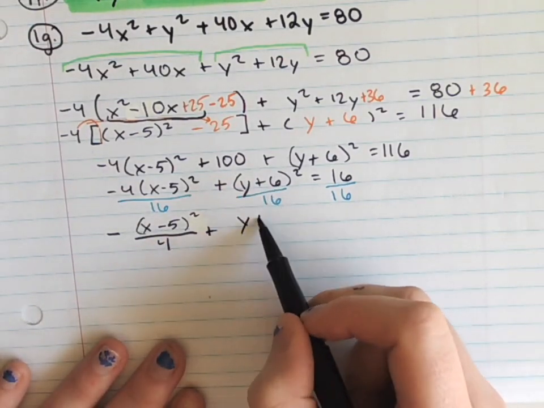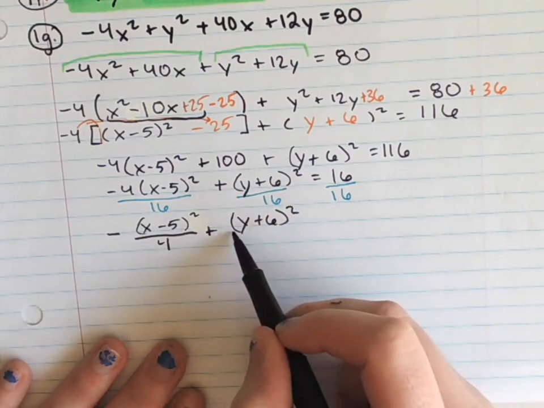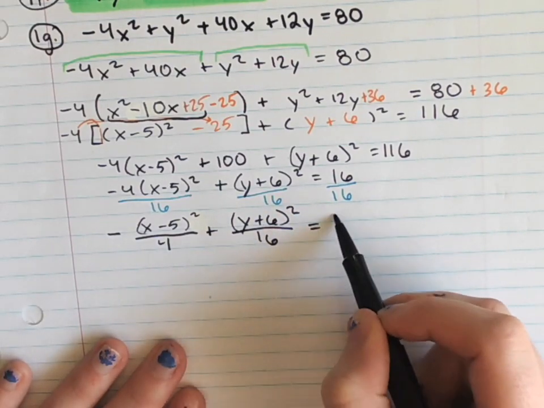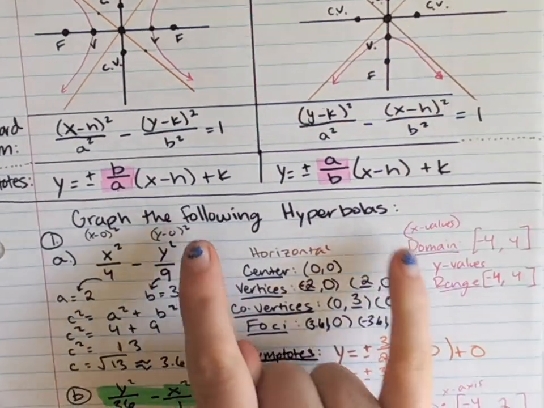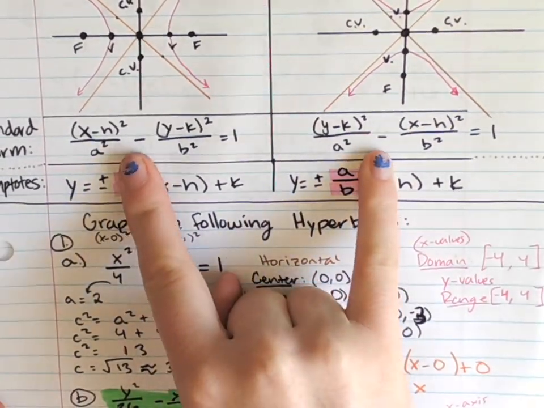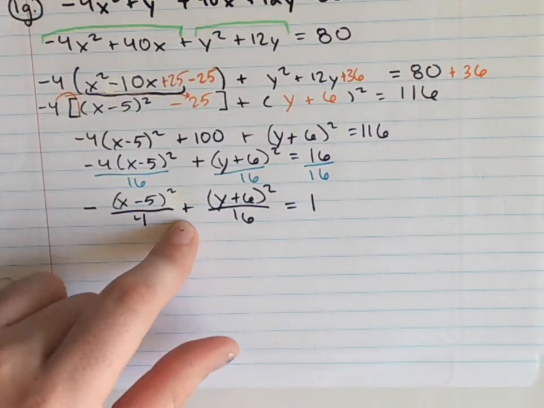This doesn't reduce, so I'm going to leave it alone. Equals 1. All right. It looks like we're done, but it is not in the general form for hyperbolas because they need to be subtraction. This one's addition.